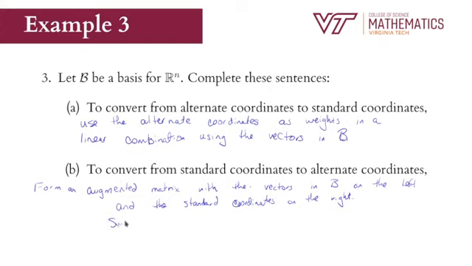And then solve for the alternate coordinates. And so we have a procedure to convert in both directions. We just have to keep it clear in our head which direction we're going. All right, let's go ahead and move on.